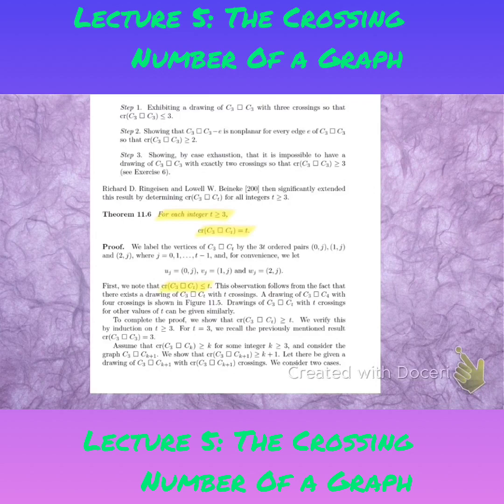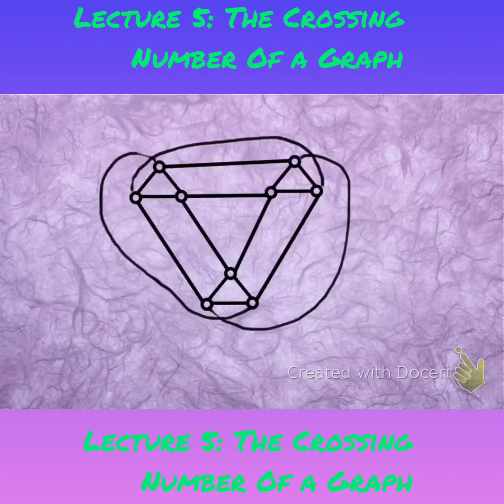So we can go and investigate this, and that's what we're going to do now. There I'm drawing the Cartesian product of C3 with itself, and if we look at the number of crossings in this particular drawing, we've got a crossing there, a crossing there, and a crossing there.